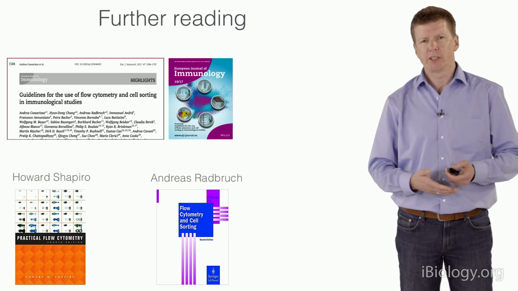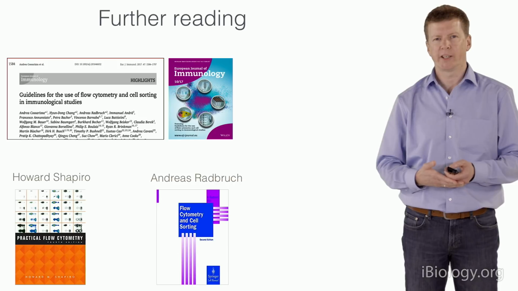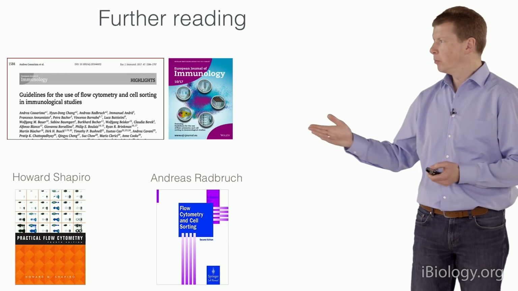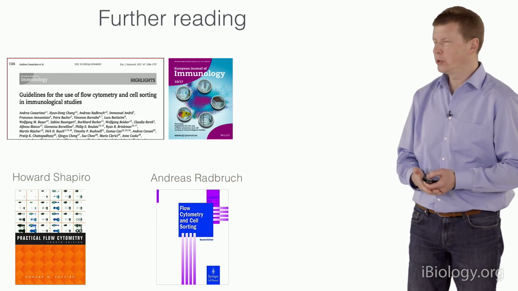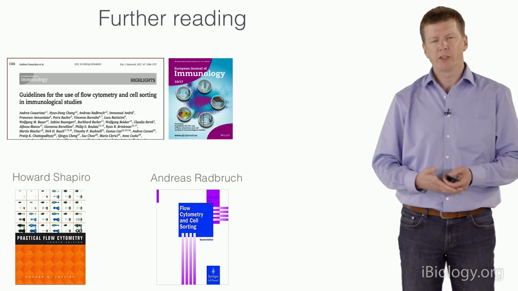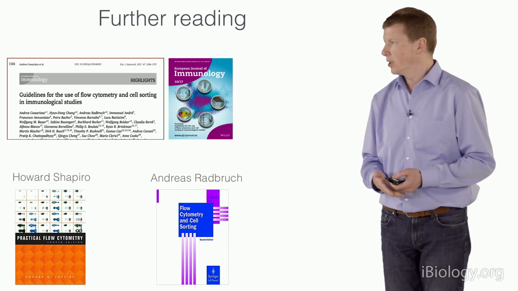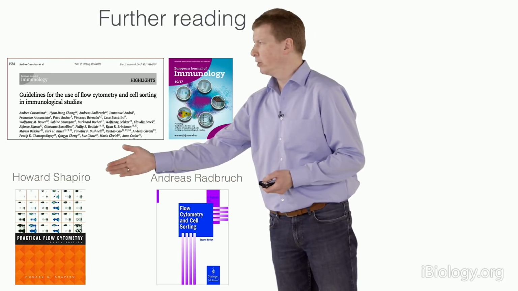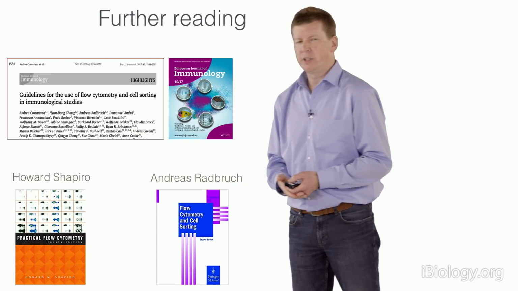If you are now getting interested in this technology, I can recommend some books and publications for further information. There are two books. One is Howard Shapiro's Practical Flow Cytometry.